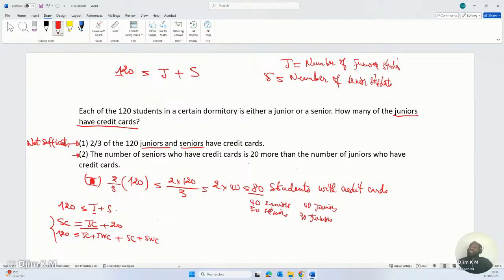We don't have this value, we don't have these as well, so it's not sufficient for us to determine those juniors that do have a credit card. So this is not sufficient. So what would happen if we combine the two conditions?